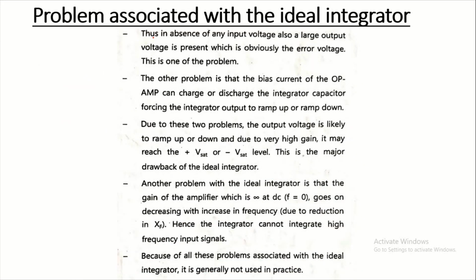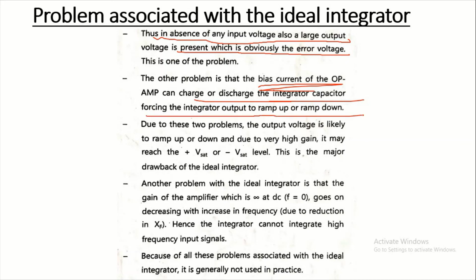Next, in the absence of any input voltage, a large output voltage is present, which is obviously an error. Meaning, if input voltage is not applied, due to the input offset voltage already present in this op-amp, we receive a large amount of output at the output side. The other problem is that the bias current of the op-amp can charge or discharge the integrator capacitor, forcing the integrator output to ramp up or ramp down.